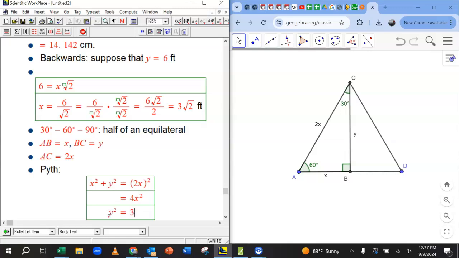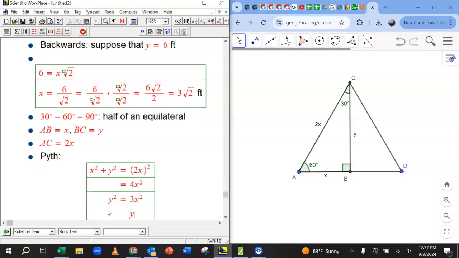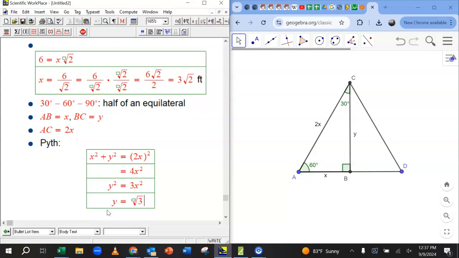So Y squared is going to be 3X squared, square root both sides, and we have Y is root 3 times X, and we'll put the X in front. Make it a little bit prettier. So we don't accidentally confuse it with something where the X is inside the root in particular. It's a nice place to put it. There we go. Very similar to the 45, 45, 90 story.